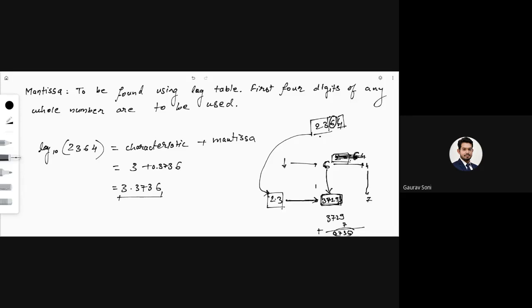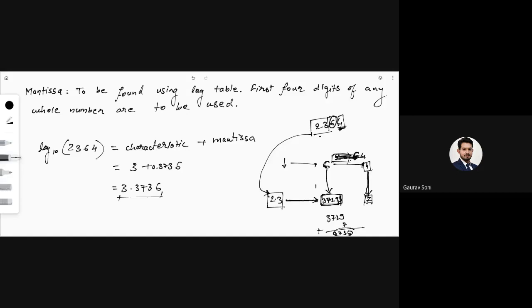Once I find this 3729, look at your fourth digit in the number, which is 4. At the most right hand side, you will see small columns. In that, I will find 4. The number corresponding to 4 in your table, as you can see, is probably 7.